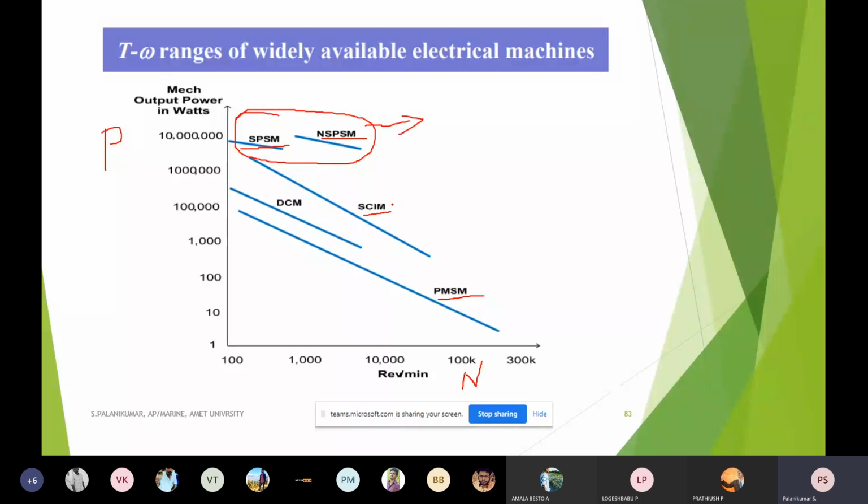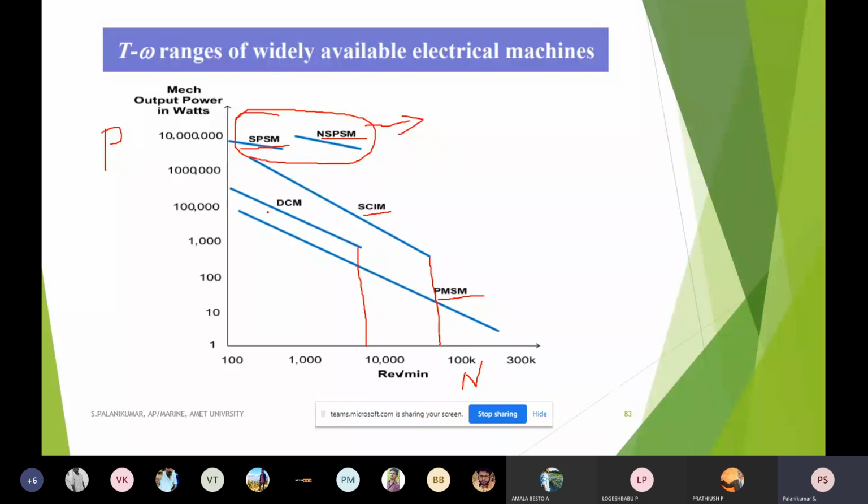If we come to the squirrel cage induction motor and the DC motor, they have exactly similar characteristics. But with a squirrel cage induction motor, I can have a speed of more than 10,000 RPM. A DC motor has limitations, because I have to give the rotor supply through a brush arrangement, and beyond a certain speed a lot of sparking will keep coming.